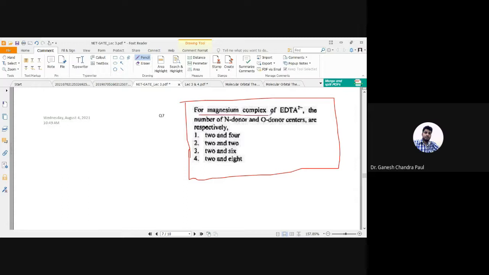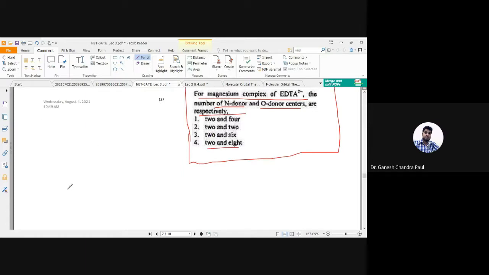For the magnesium complex of EDTA2 minus, the number of nitrogen donor and oxygen donor centers are respectively 2, 4; 2, 2; 2 and 6; and 2 and 8. For that case, you have to remember the structure of the magnesium EDTA complex, right? Rahul, what is the structure of the magnesium EDTA complex?